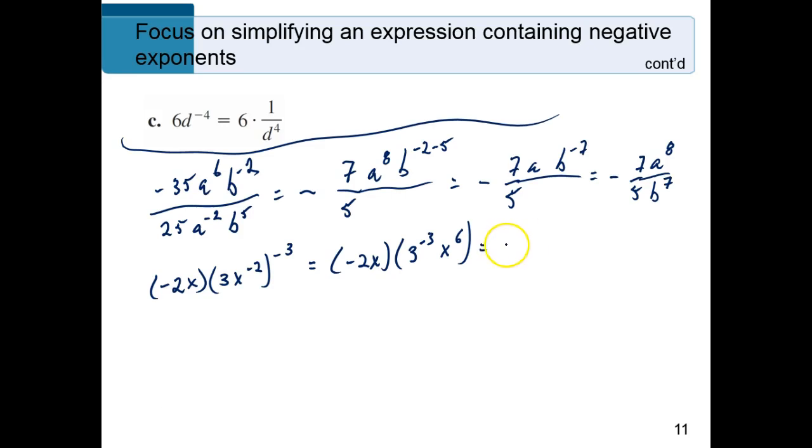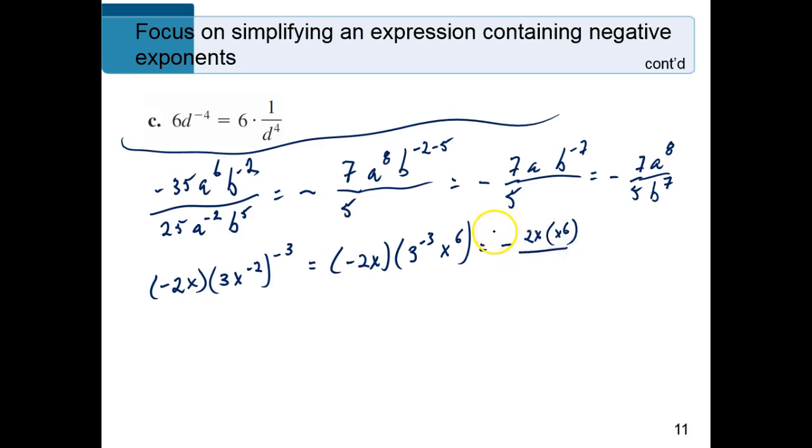Okay, I like to pull that minus sign out. There's only one minus sign in there. Minus times plus is going to be minus. Let's get that on the outside. And what else do we have? 2. X to the 6. I like that.